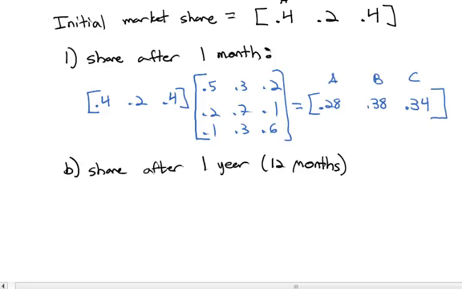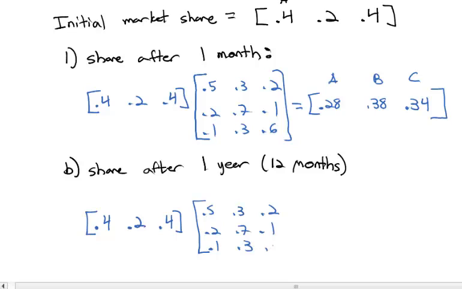Same exact idea. We take the initial market share, always go back to the initial market share of 0.4, 0.2, 0.4, and we're going to multiply by the transition matrix of 0.5, 0.3, 0.2, 0.2, 0.7, 0.1, 0.1, 0.3, 0.6. But we need to do that transition matrix 11 times.